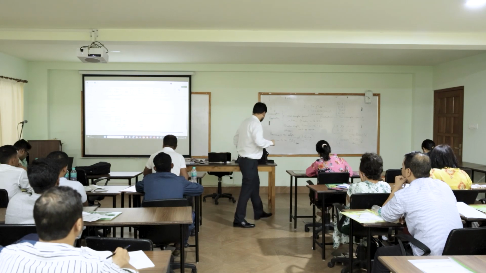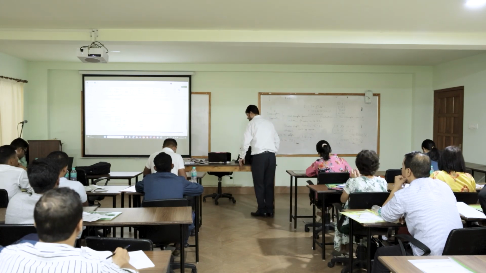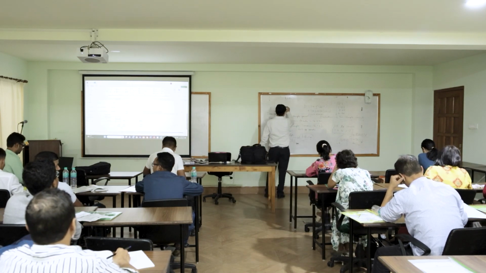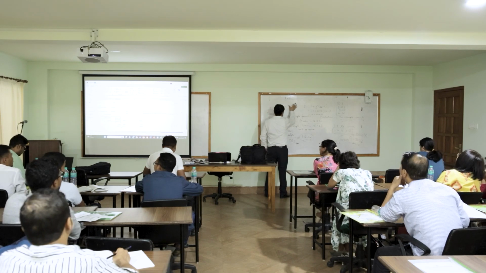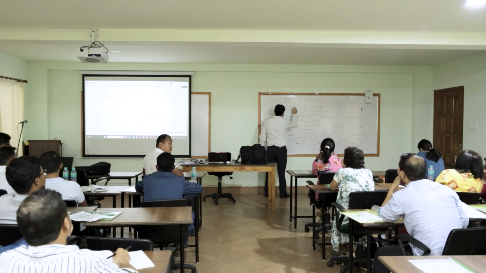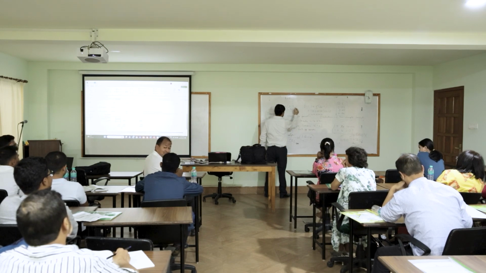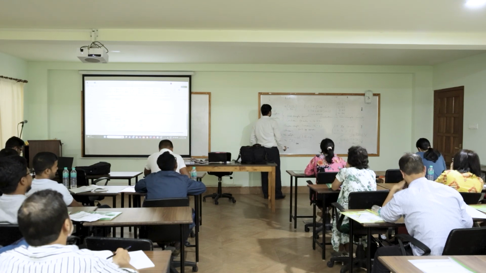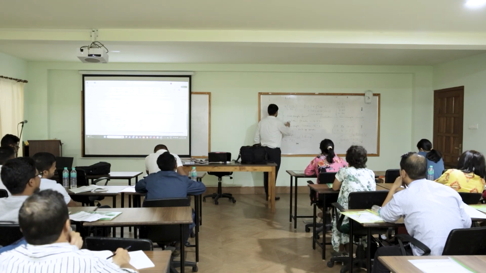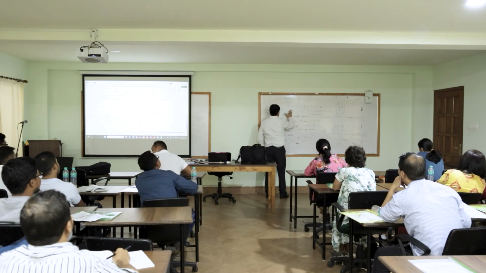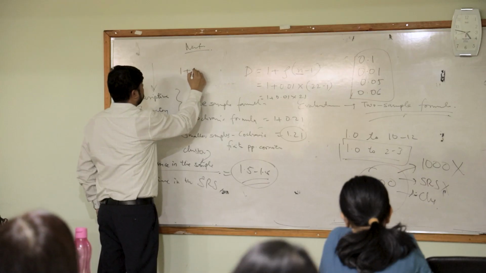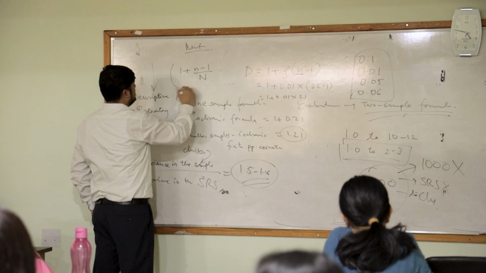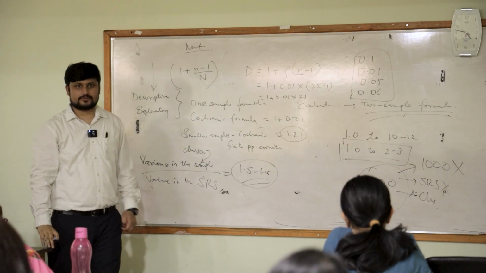n multiplied by, I'll just write it here. Probably Excel might not be a good place to write it. This should go into the denominator. Sorry, just a second. 1 plus, this is the finite population correction factor.